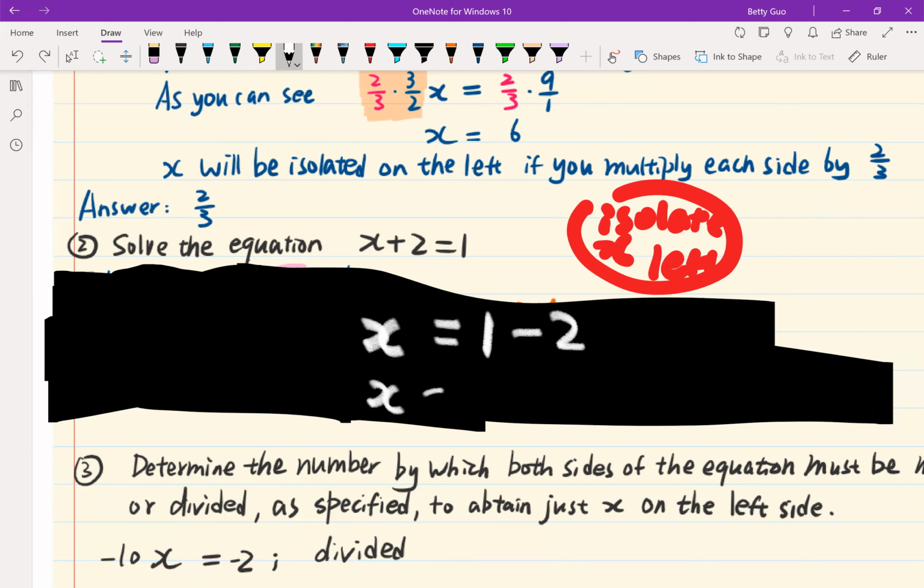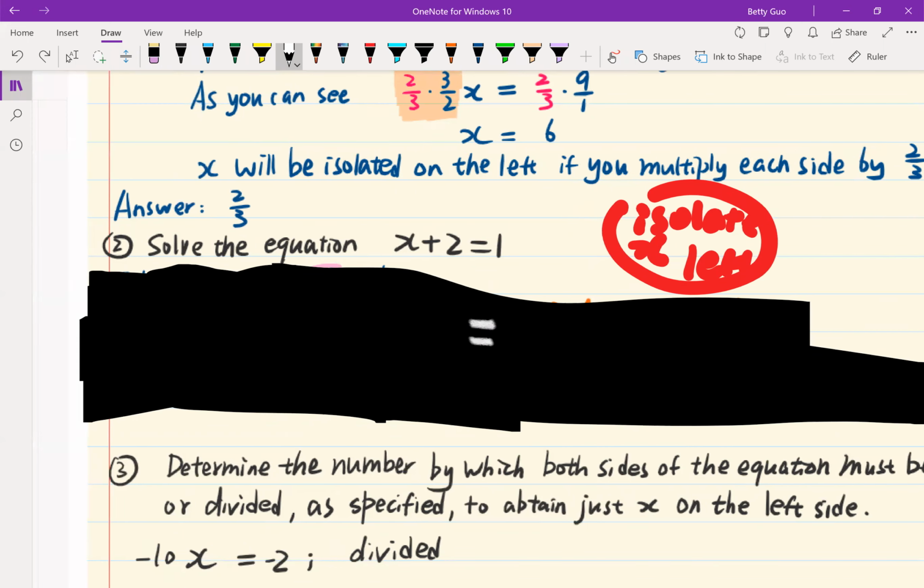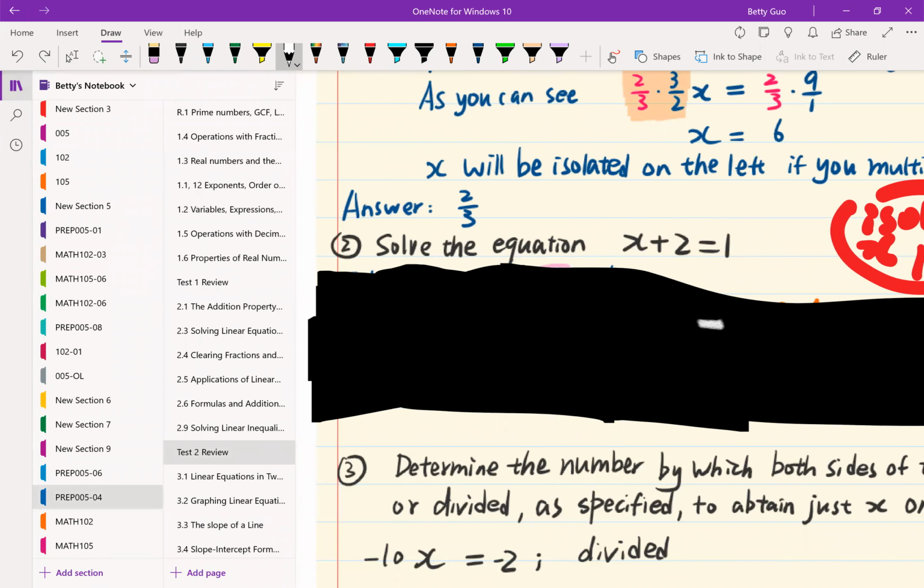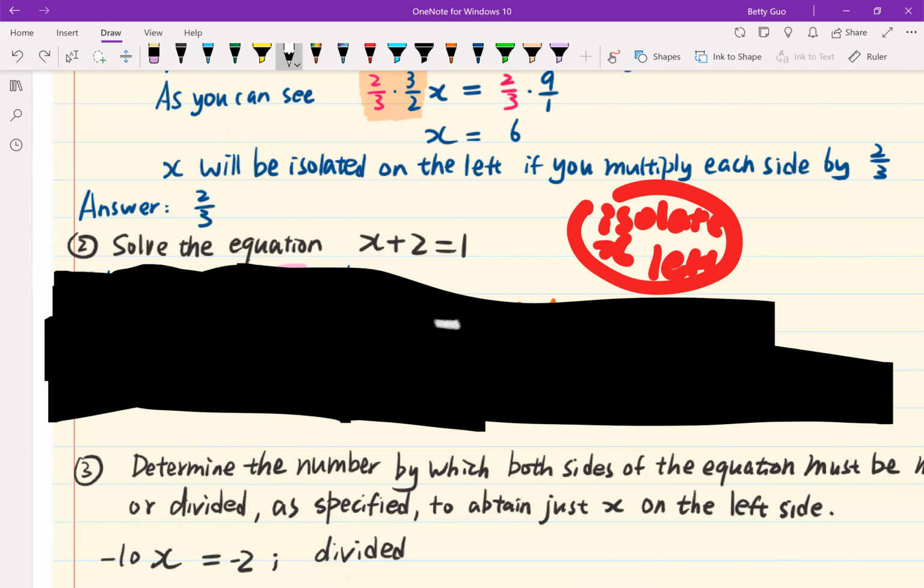The other way to solve this equation for x is you can subtract 2 in order to get rid of +2 from the left-hand side. You subtract 2 from both sides. +2 and -2 cancel each other, so you have x on the left by itself.